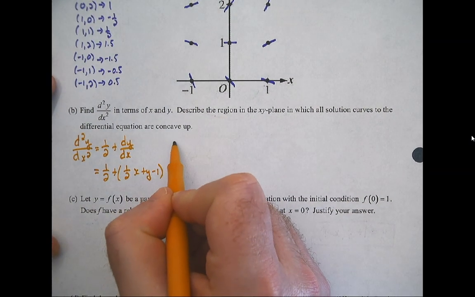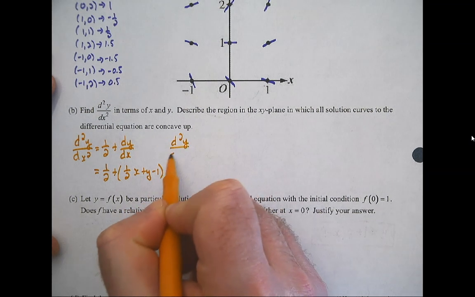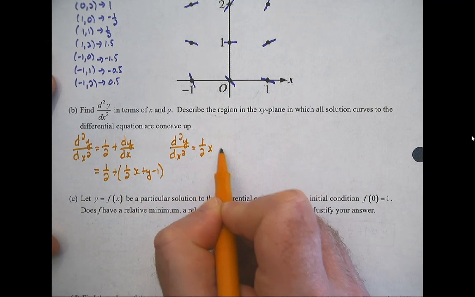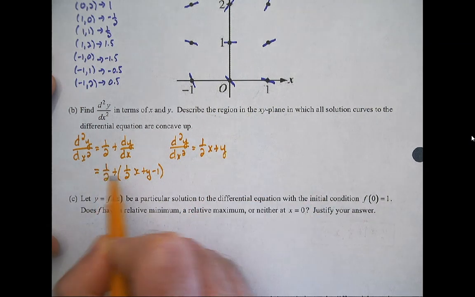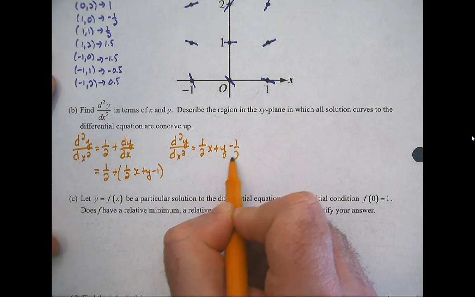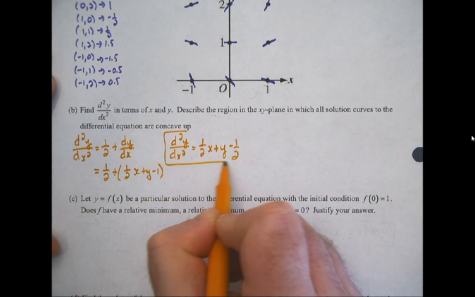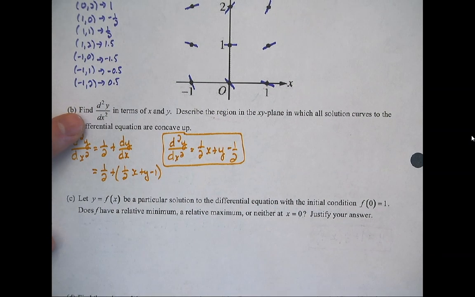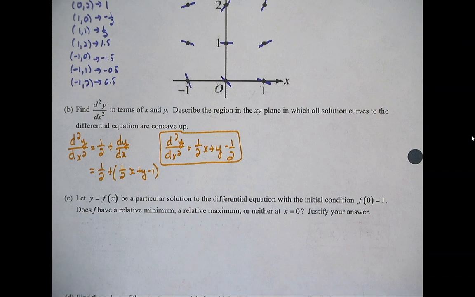So I would then say my second derivative is equal to 1/2 x plus y. Then 1/2 minus 1 is -1/2.